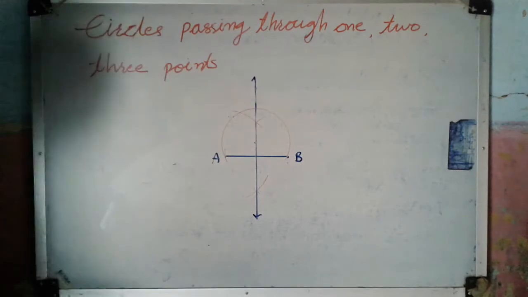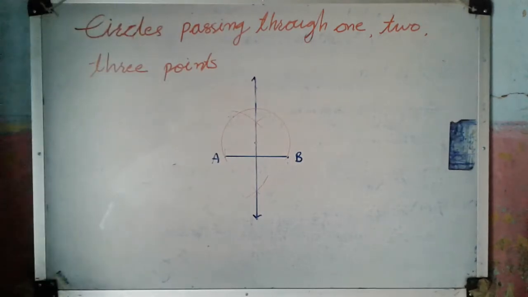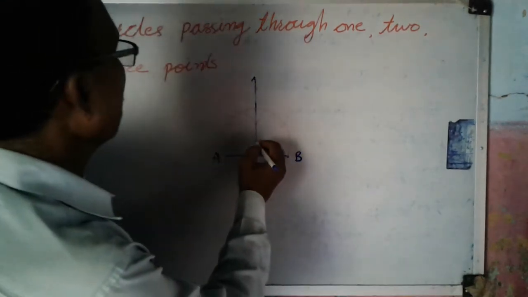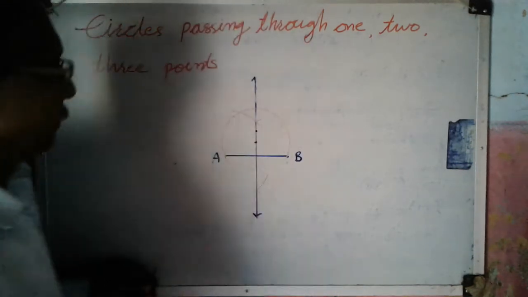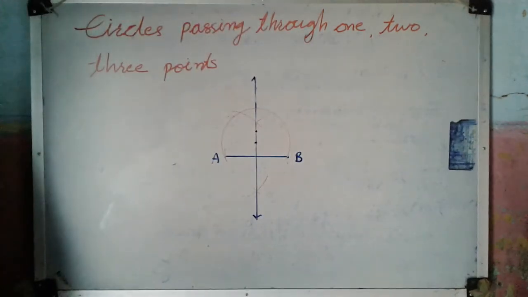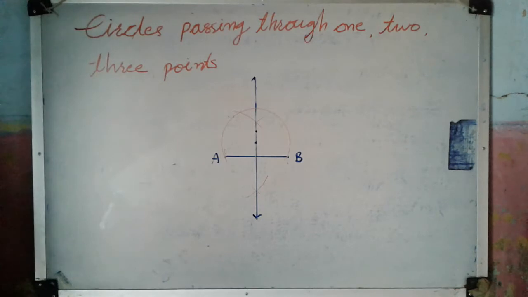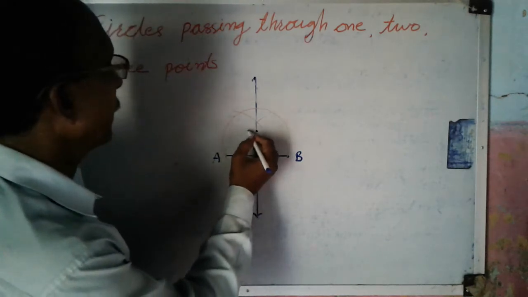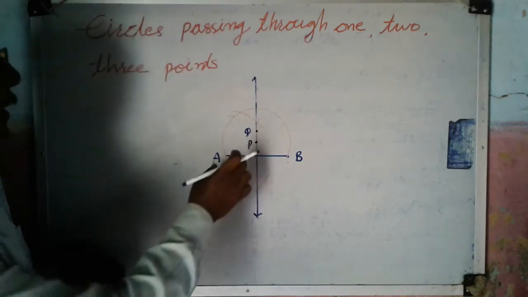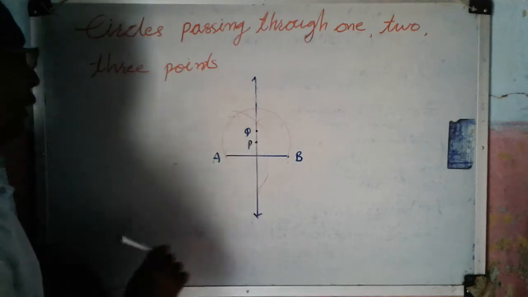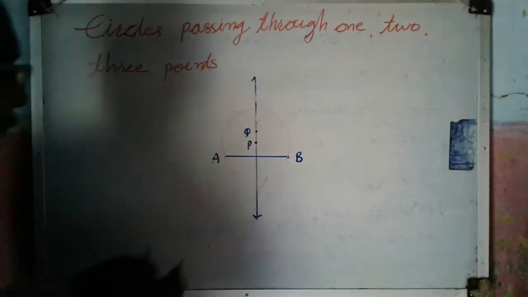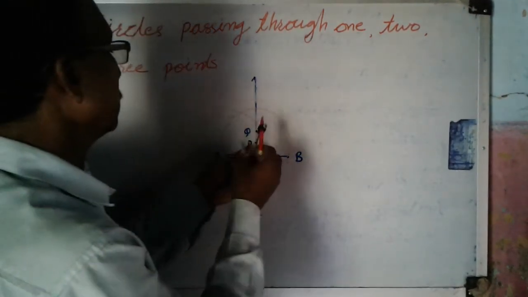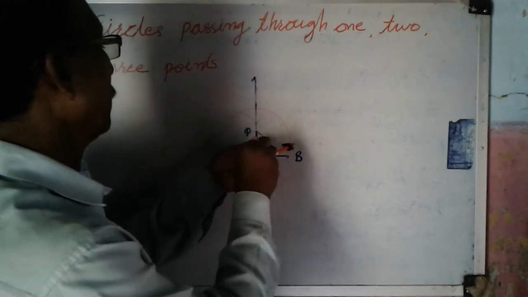So you can take another point here. Suppose this point is P, this point is Q. Now first time we have taken AP radius. Now take AQ radius. Okay. Then again try to draw a circle.